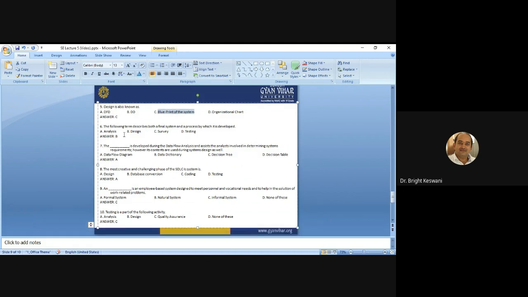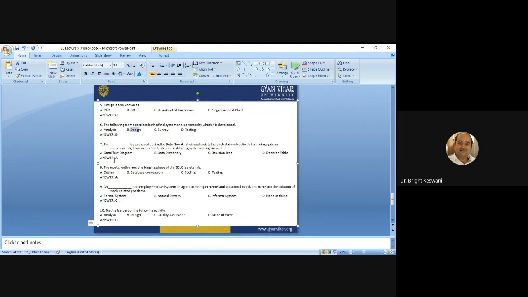Okay. Then, the following term describes both a final system and the process by which it is developed: analysis, design, survey, or testing. So design is the right answer. Design describes both a final system and the process by which it is developed. In the seventh question, dash is developed during the data flow analysis and assists the analyst in determining system requirements.